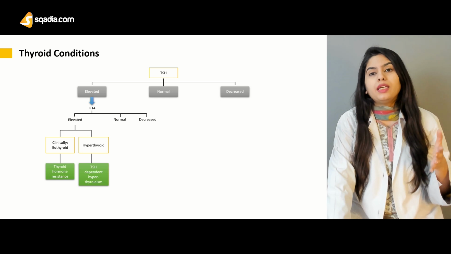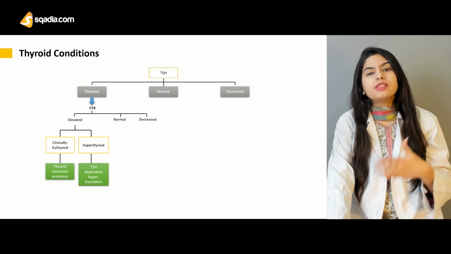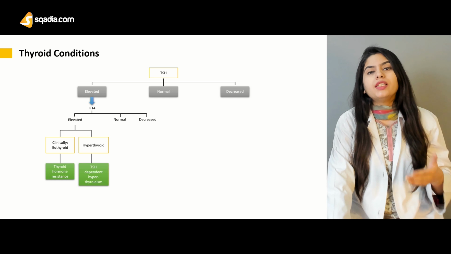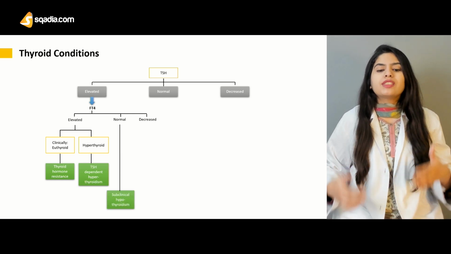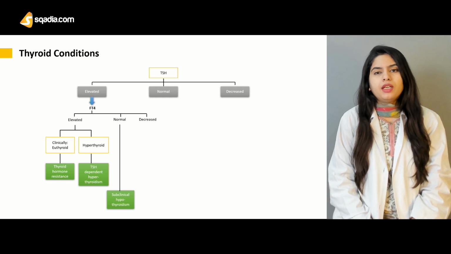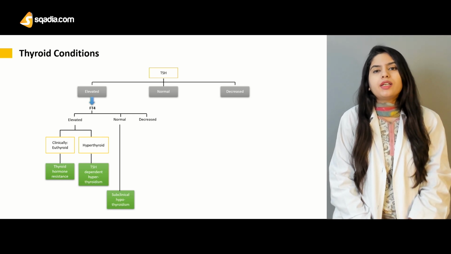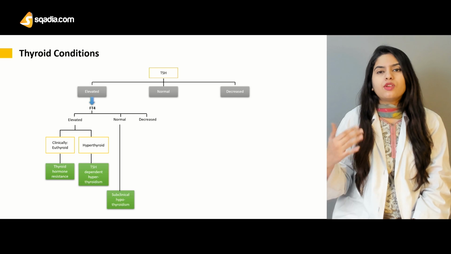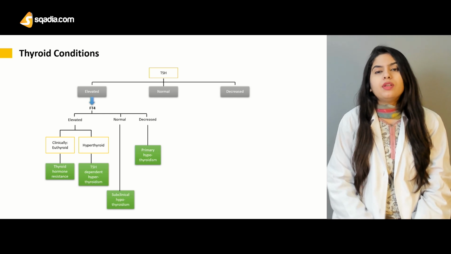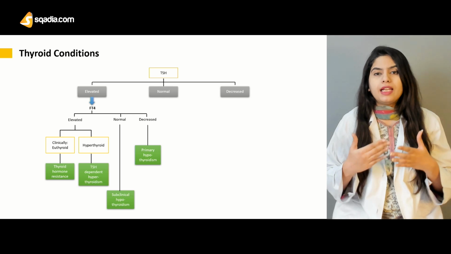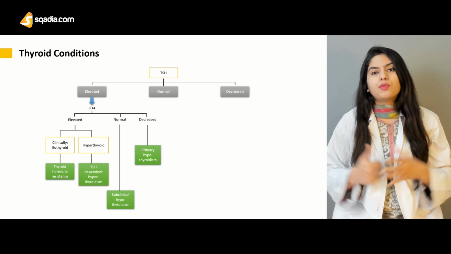Then in case the thyroid stimulating hormone is elevated but the free thyroid hormone level in the serum is normal, this can be due to subclinical hypothyroidism. In this type of condition, the serum level of thyroid hormone is normal. Then what is the cause when the thyroid stimulating hormone level is elevated and the free thyroid hormone level is decreased?